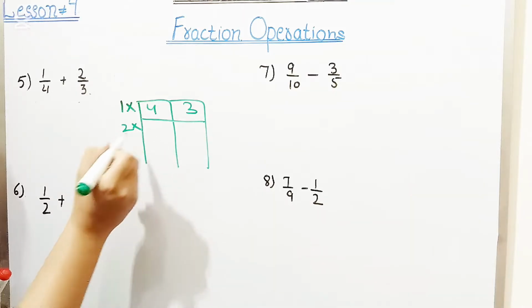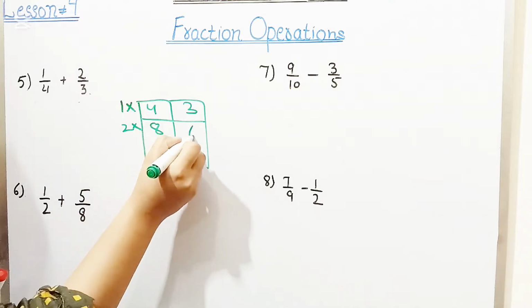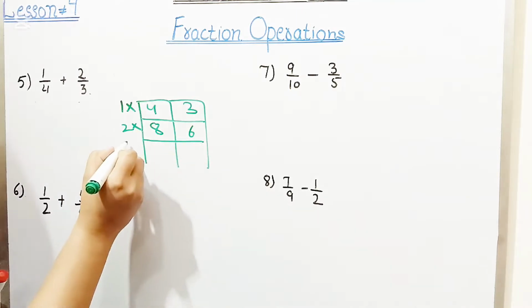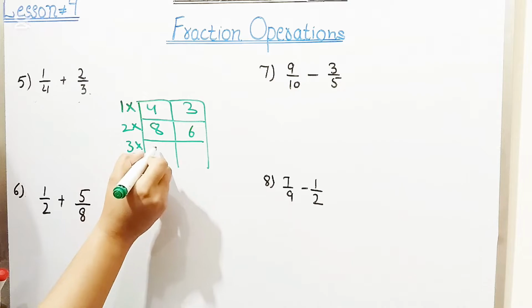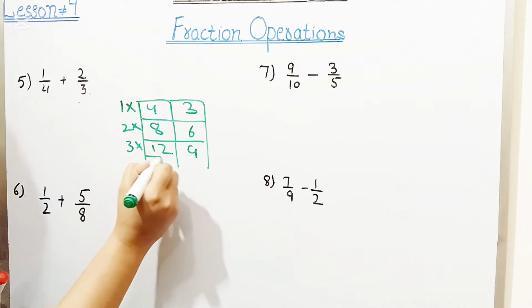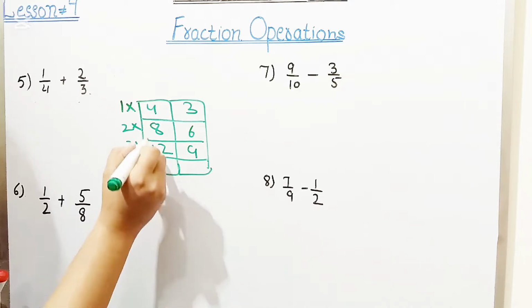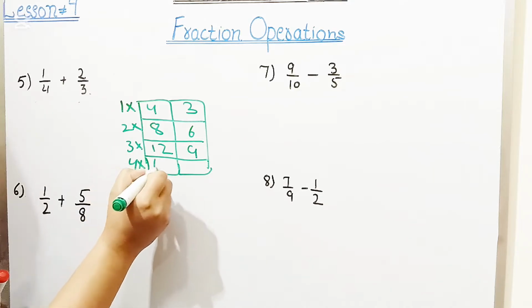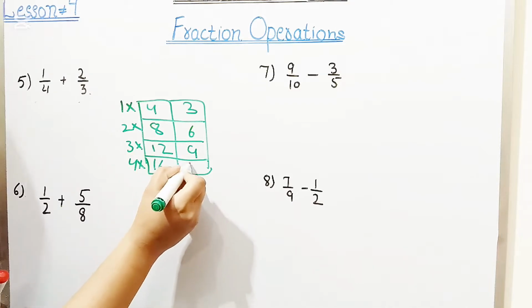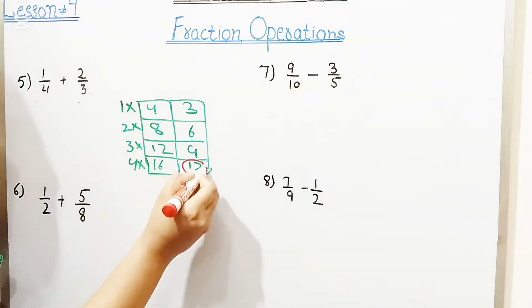Multiply with 2: 4 2s are 8, 3 2s are 6. 4 3s are 12, 3 3s are 9. 4 4s are 16, 3 4s are 12. Now we find the same common denominator, 12.